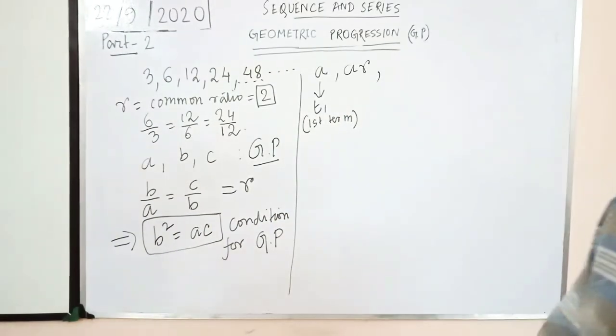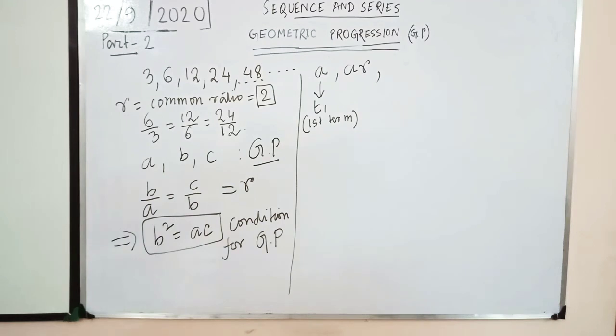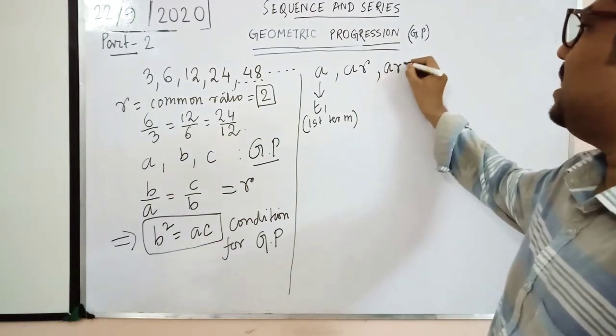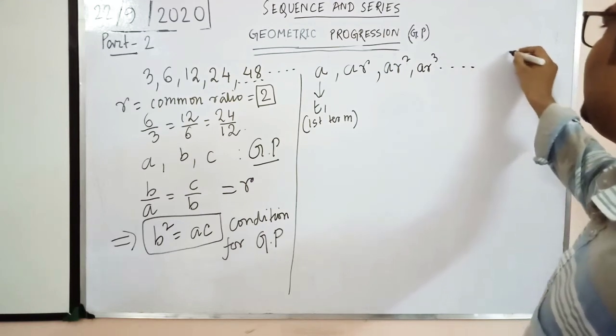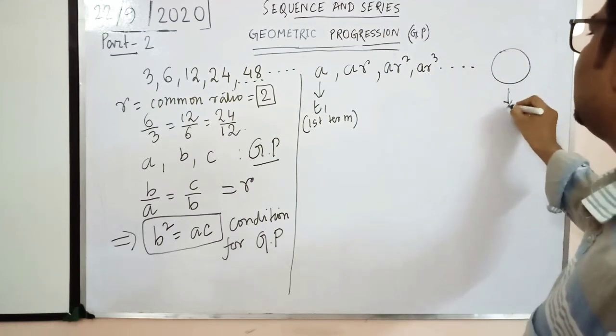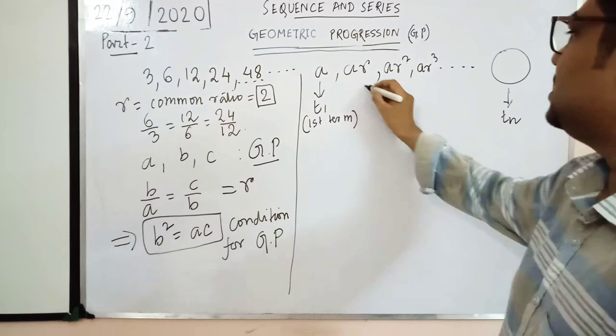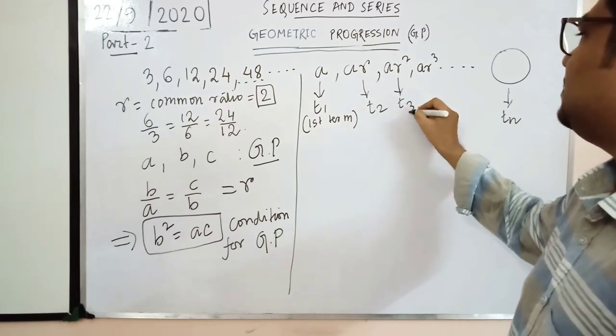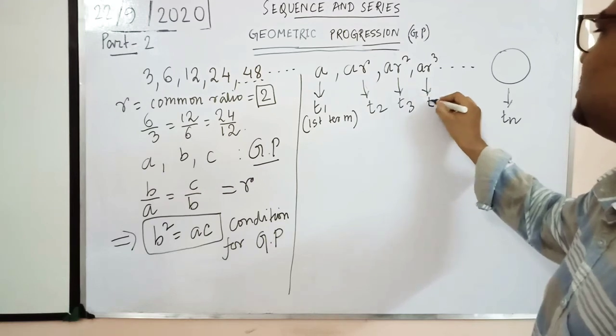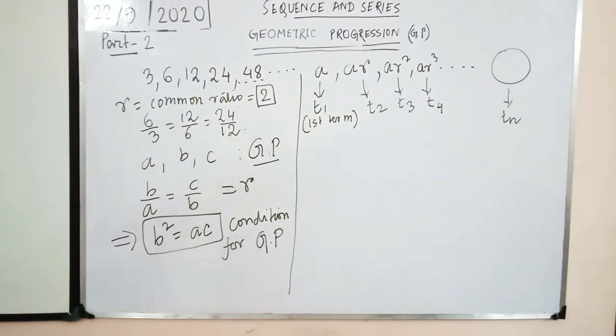So AR, and the next term will be AR square, then AR cube. This is how it continues till we get the nth term. This is the second term, then the third term, and this is the fourth term. Like that we continue till the nth term.